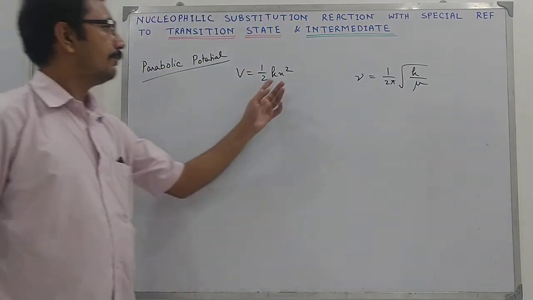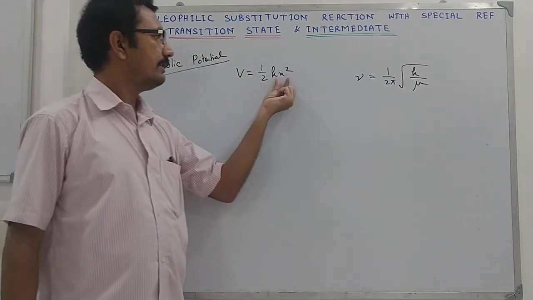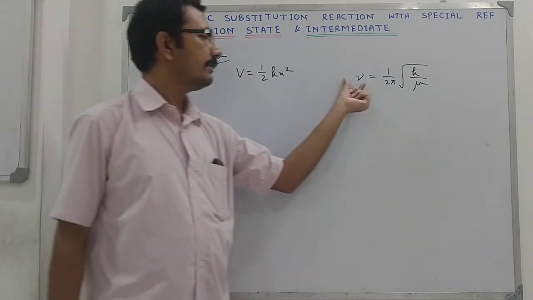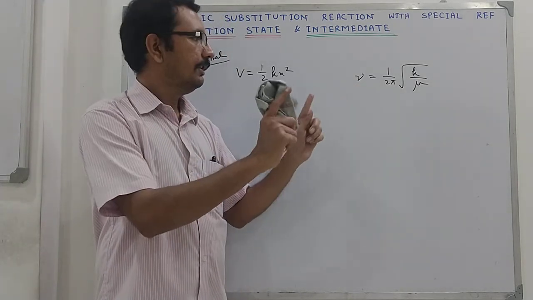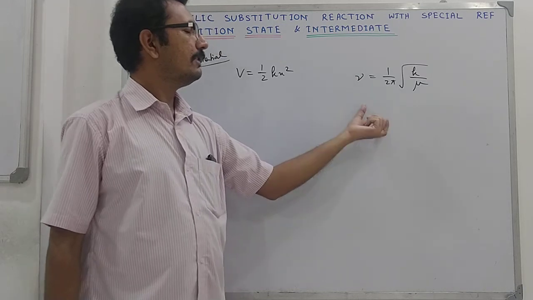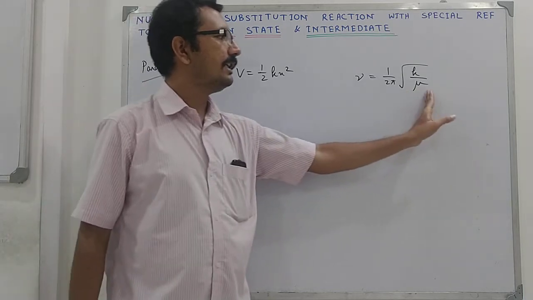Now this k is the force constant of the bond, x is the displacement, so that gives the potential energy, and this is the frequency of the oscillation associated with the bond, and k is the force constant as before, and mu is the reduced mass.